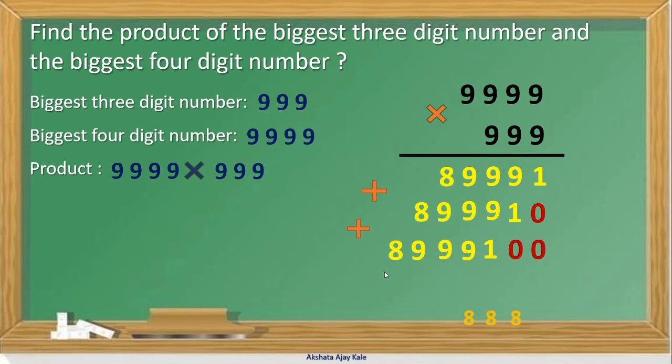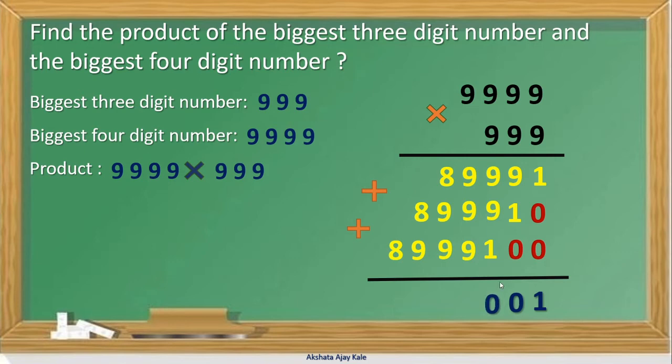We will add these three numbers. Here in the unit place, 1. In the tens place, 9 plus 1, that is 10. We'll write 0 here and 1 is carried over. 1 plus 9, that is 10, plus 9, 19, plus 1, 20.